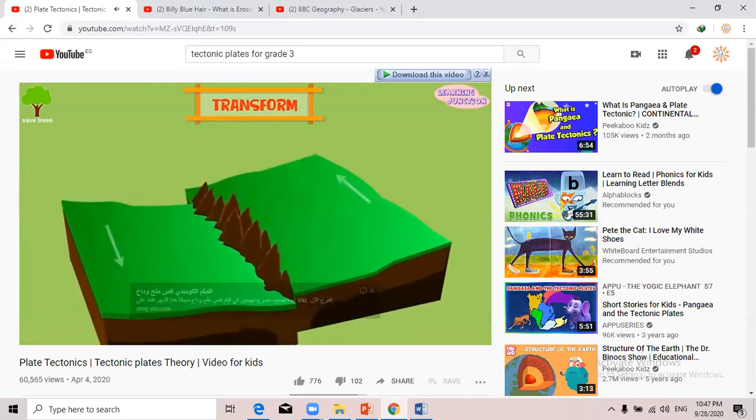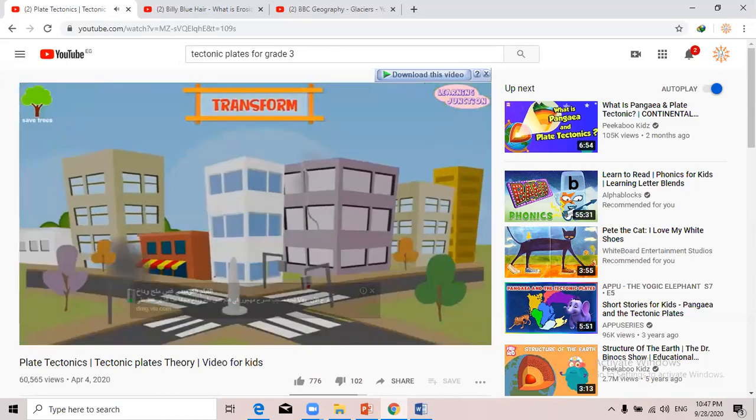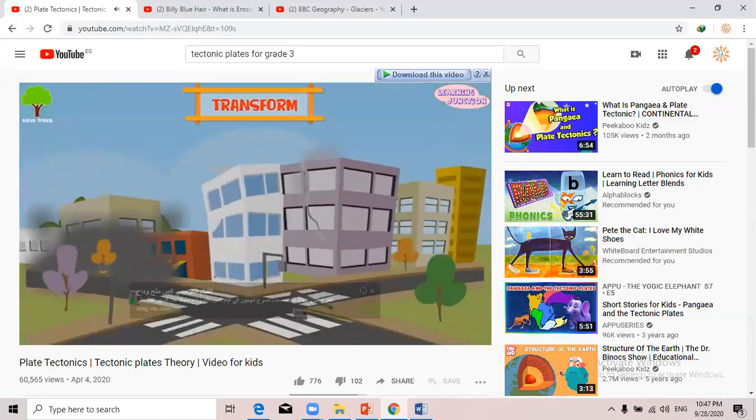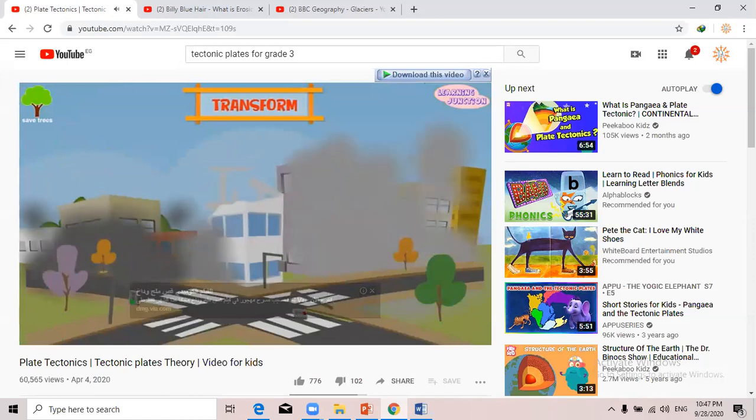When they rub each other, it also helps in creating mountains and sometimes earthquakes. Look, this is when the land shakes.